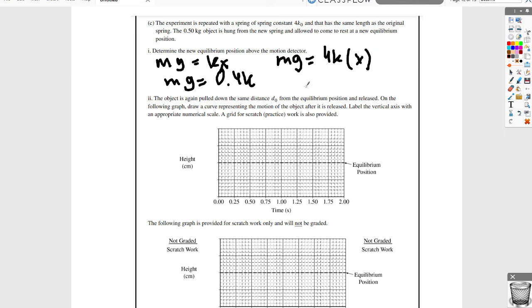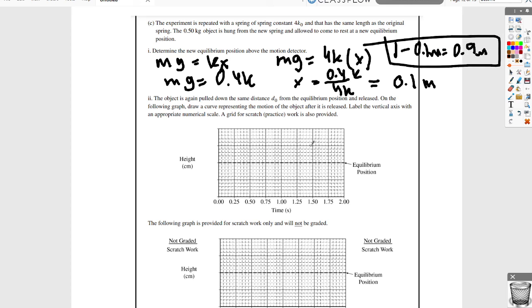So 0.4k equals 4k times x, so x is equal to 0.4k divided by 4k, which is equal to 0.1 meters. And then 1 minus 0.1 meters is 0.9 meters. So that's your new equilibrium position.